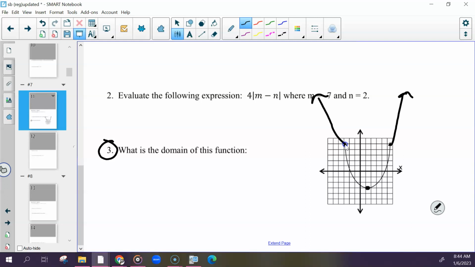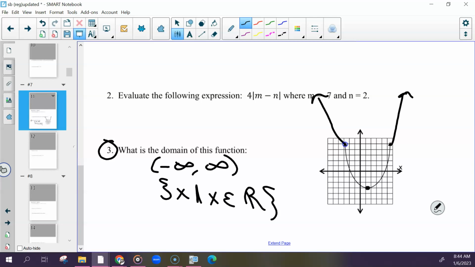So we talked about this when we were doing inequalities, but there are 2 different ways to write it. The interval notation, negative infinity to infinity, or the set builder notation, which is how you would have originally learned it. Like this.